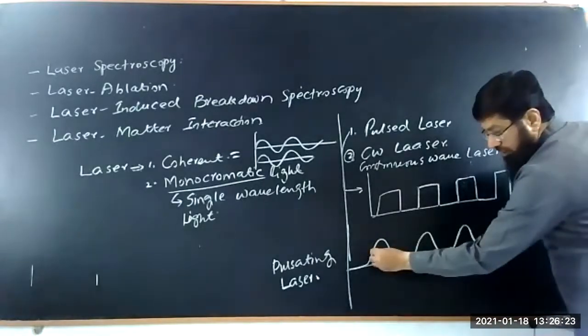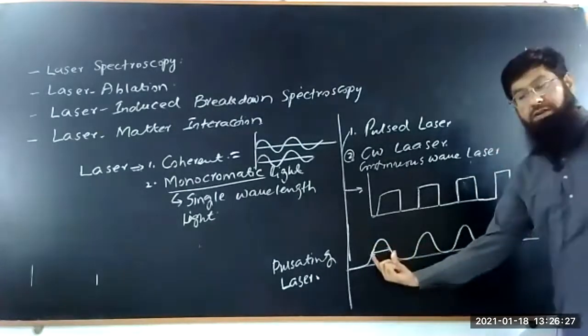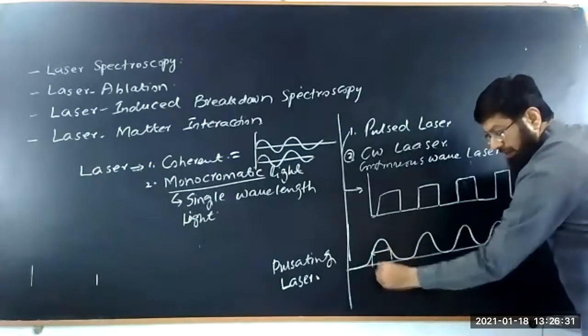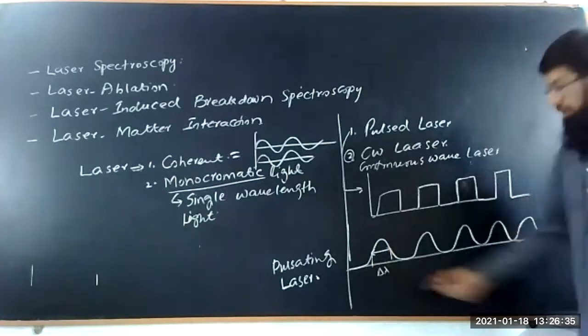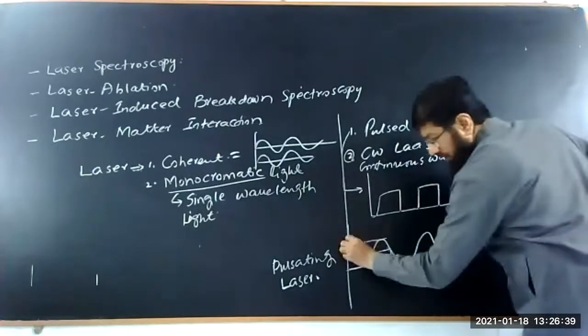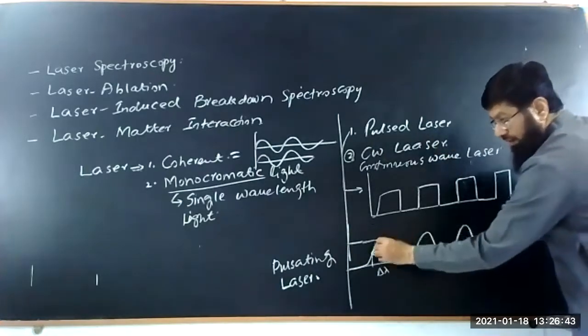The duration of one pulse is known as the pulse duration. This is called delta lambda, the full width at half maximum.